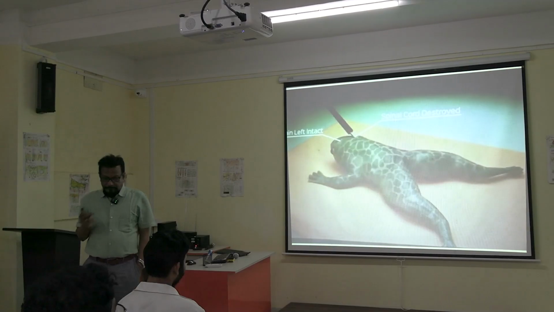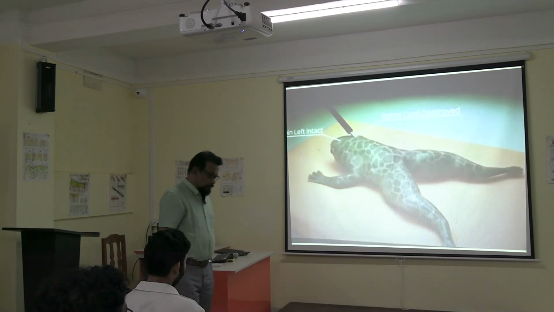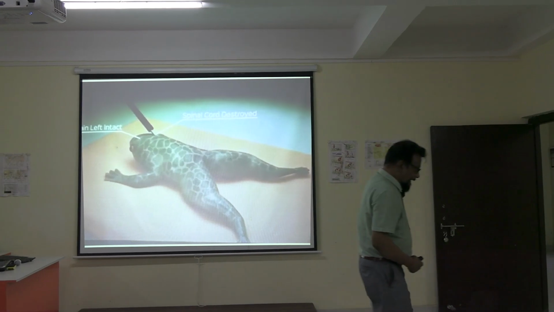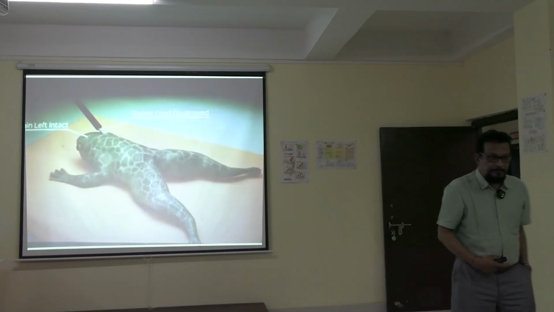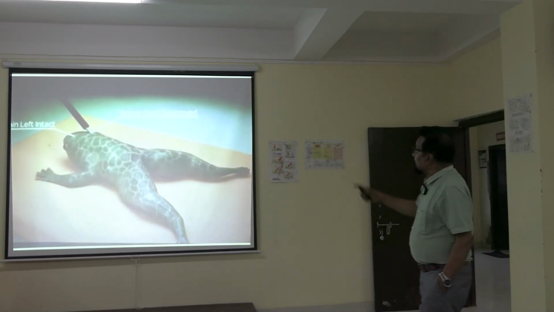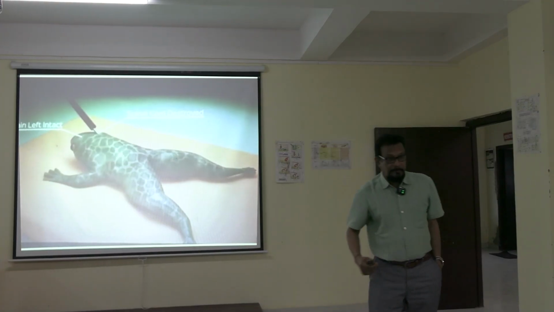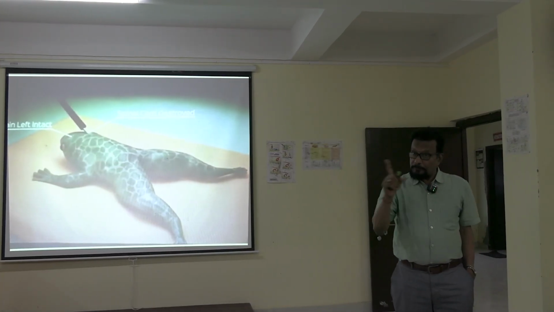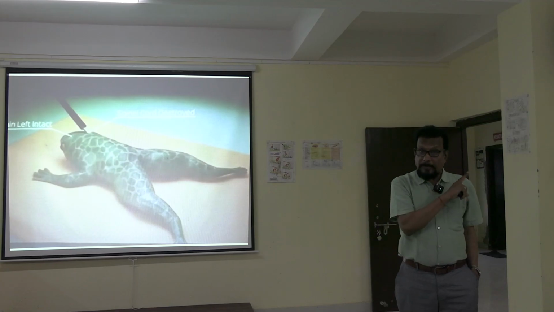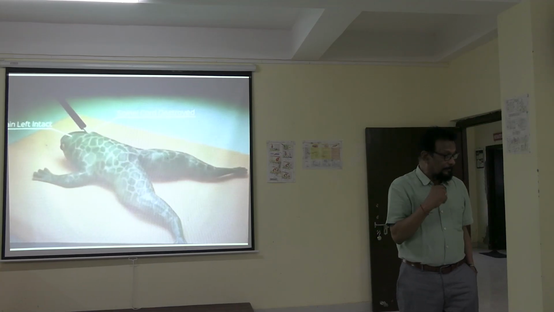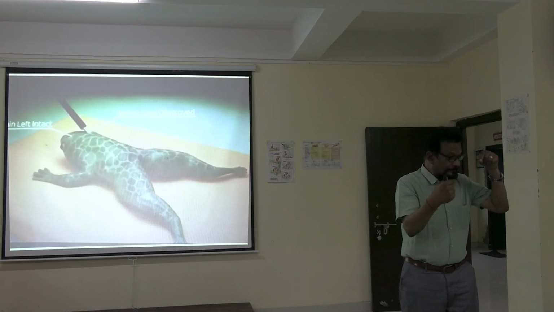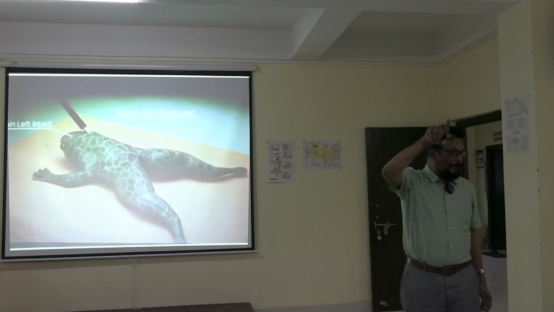Now for the experiment, we have to take a frog and make it unconscious. How? The spinal cord will be destroyed by pithing, which we have seen at the beginning of the skeletal muscle experiments.